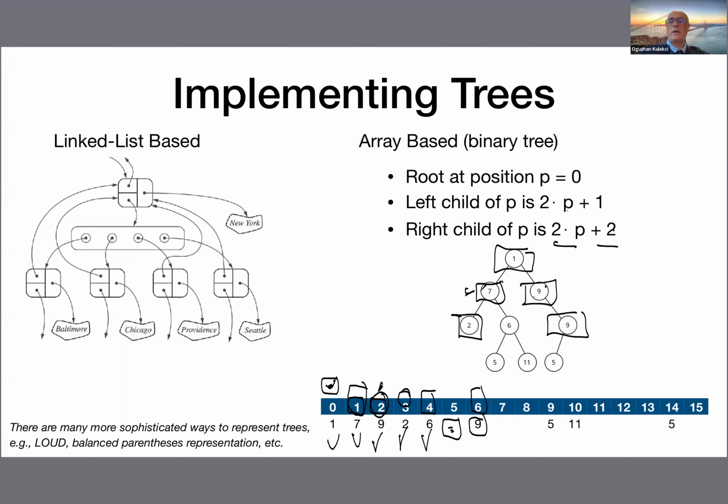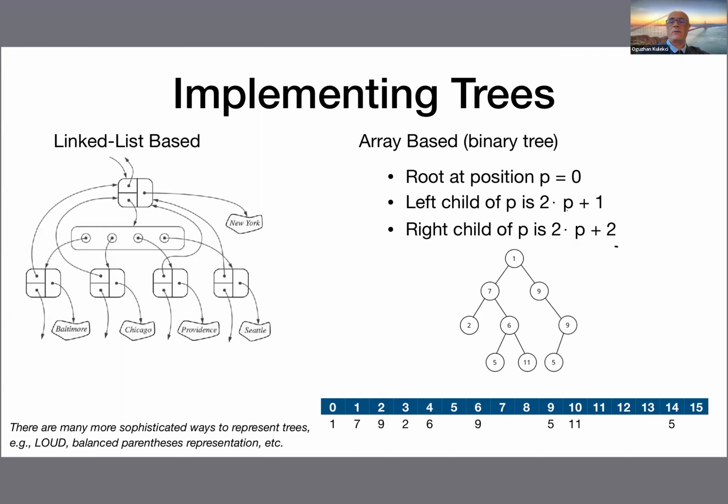fill the array. But the point here is, if the tree is not a complete binary tree, which means all the nodes have either 2 children or nothing, then this means you might have some gaps in the array implementation.